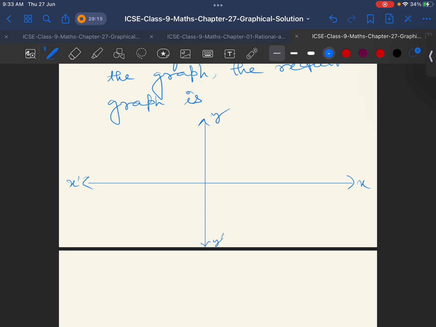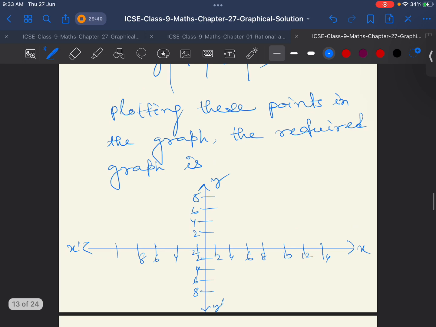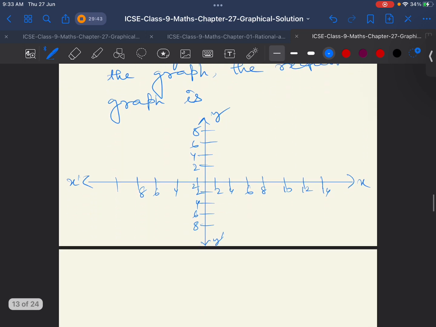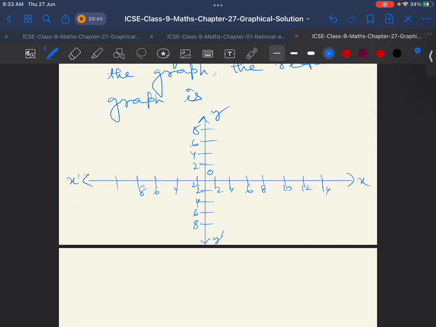Okay, 2, 4, 6, 8 on each, and 2, 4, 6, 8, 10, 12, 14 on the y-axis. Now the first points: 1, 1 is here, and 2, 3 is here, and also 0, minus 1 is here. So now we draw the line.